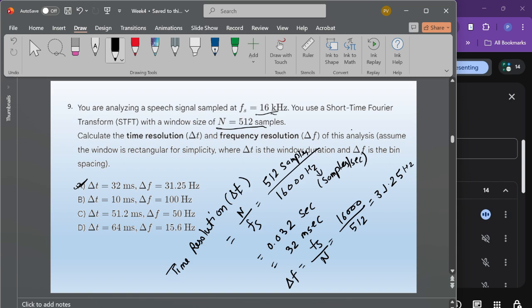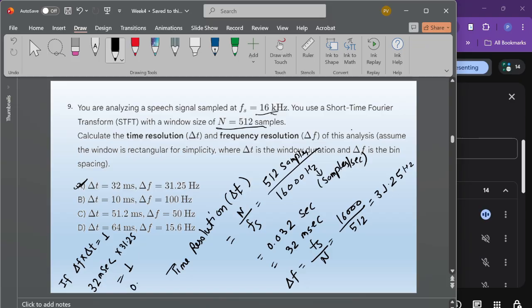If you want to cross verify this answer, you can check whether delta f times delta t is equal to 1. If this is satisfied, then it meets the uncertainty limit of the rectangular window. If you multiply 32 milliseconds, that is 0.032, and 31.25, you will get 1.